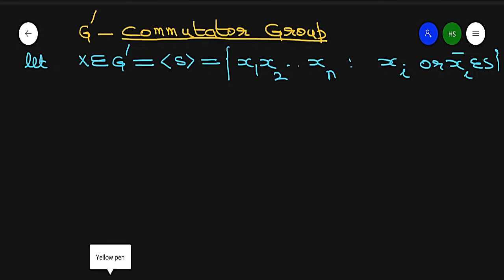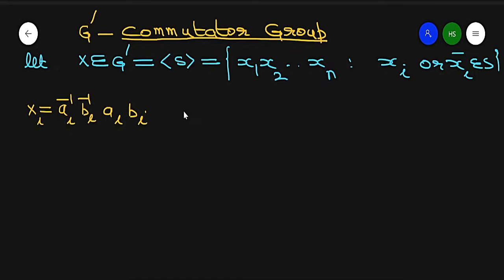Now if I take xi, this is ai inverse bi inverse ai bi, then its inverse, xi inverse, which is again a inverse b inverse a b. This value is ai bi and then inverse.